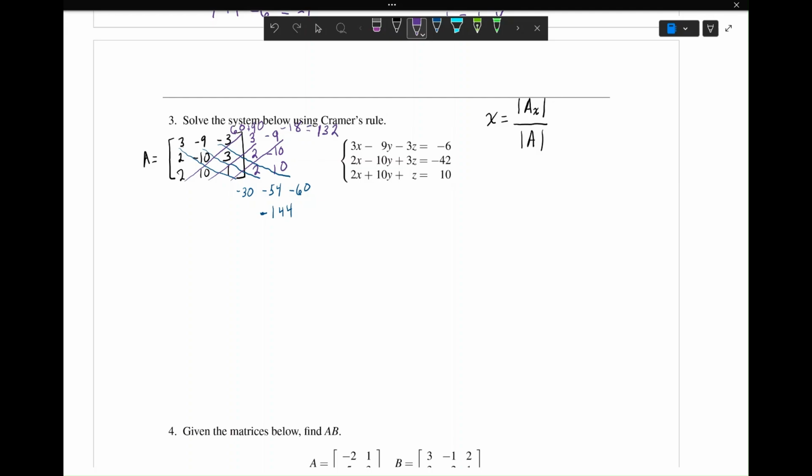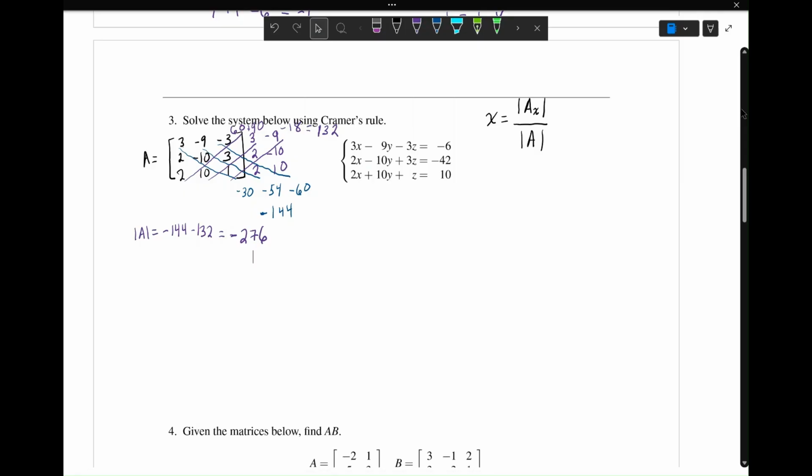And so the determinant of A is going to be negative 144 minus 132, which is negative 276. Well, that's a fun number.